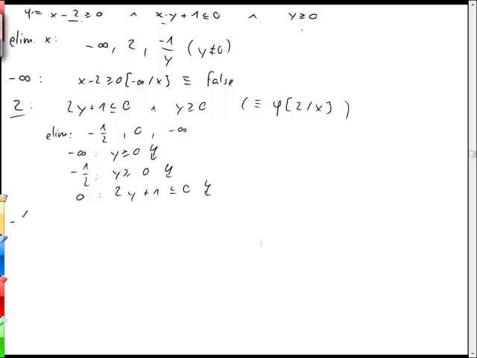We have now minus 1 divided by y. So here, it's getting a bit more complicated. If we would replace x by minus 1 divided by y, this would lead in the first constraint to minus 1 divided by y minus 2 greater equal to 0, just substituting in the common sense.